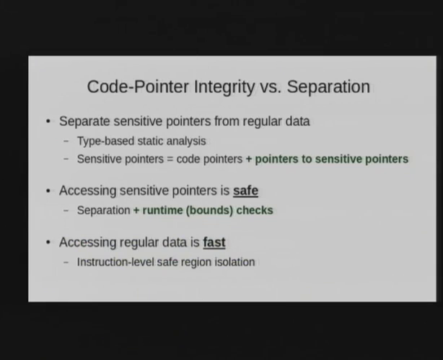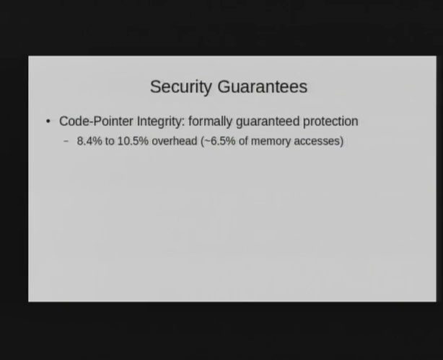And accessing regular data is fast. So any data that we don't protect can be accessed at regular speed without any additional overhead or any additional instrumentation that must be executed on top of it. So you might wonder, what kind of security guarantees do we actually give? For code pointer integrity, we have a formally guaranteed protection where we guarantee memory safety for all the code pointers.